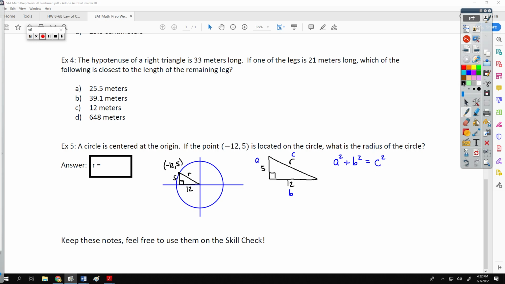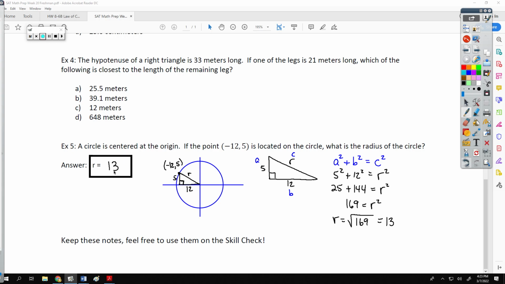So we plug in our numbers: 5 squared plus 12 squared equals C squared, or R squared in this case. 5 squared is 25. 12 times 12 is 144. We add those together, we get 169 equals R squared, which means that R is the square root of 169, or 13 units. Our answer is the radius is 13.